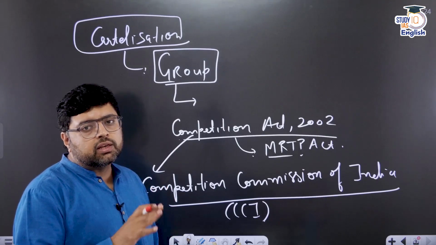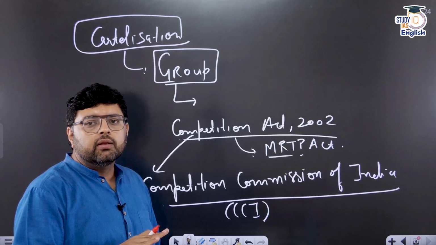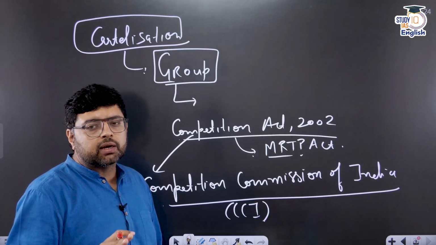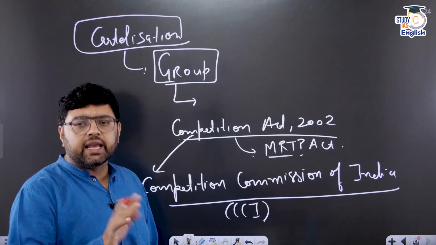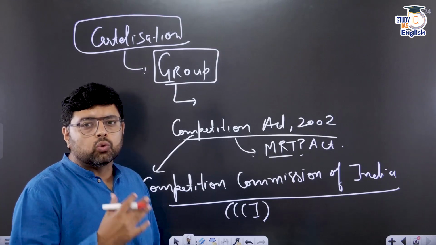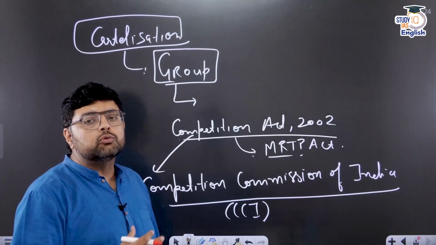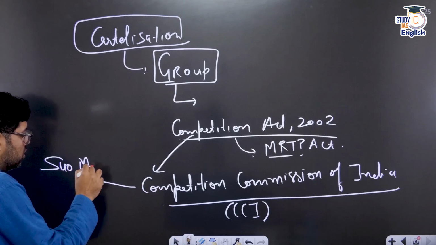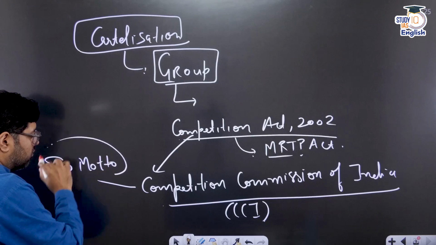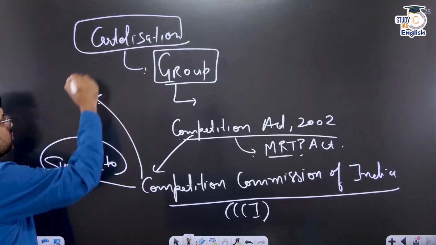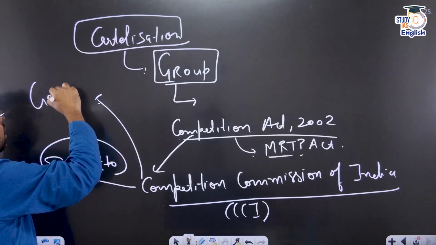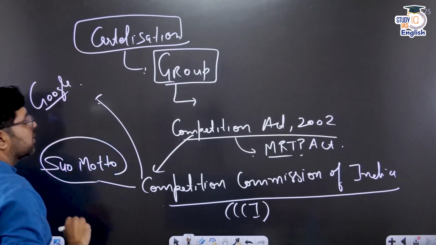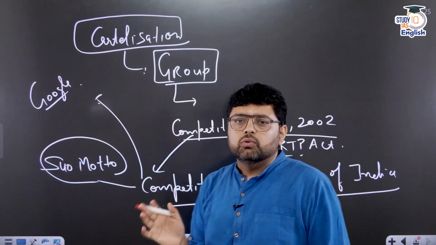Either anyone can complain to CCI with respect to any unfair business practices, or CCI can take action on its own, which we call in legal terms suo moto. Clear? And nowadays it is in the news because of Google.